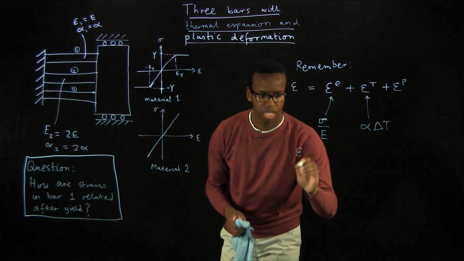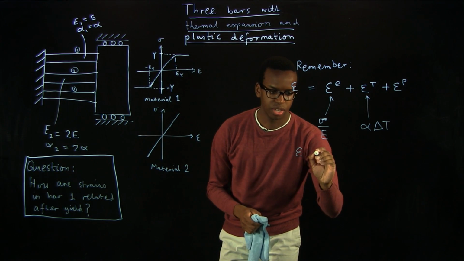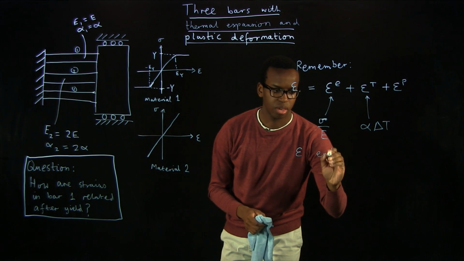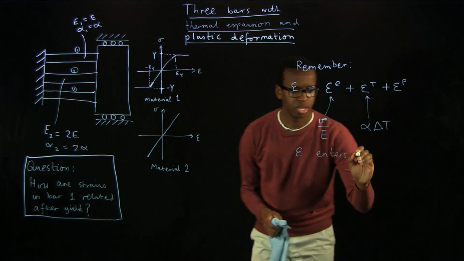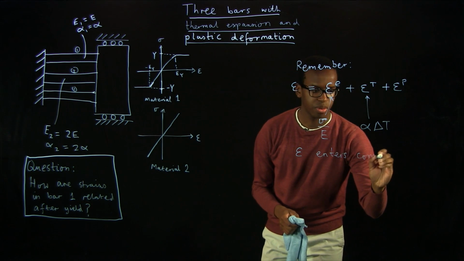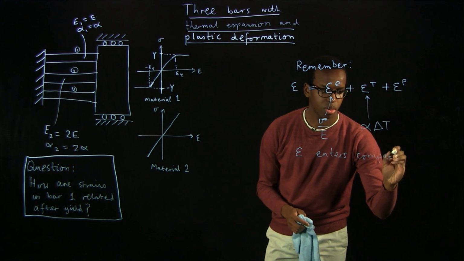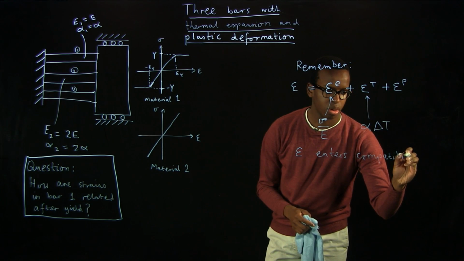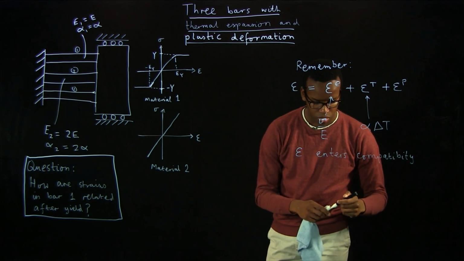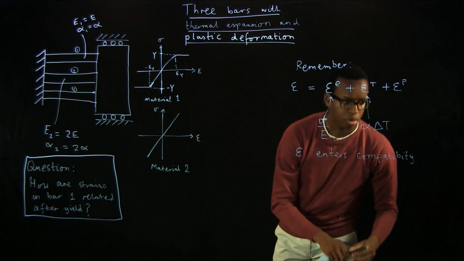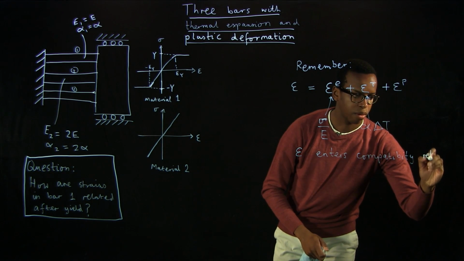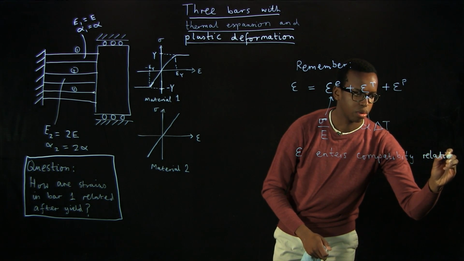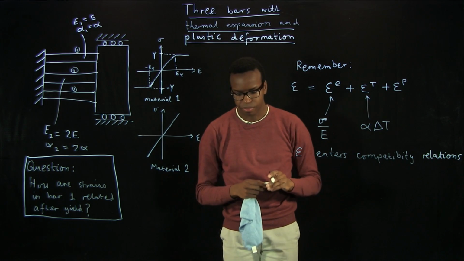So remember that it's always the total strain which enters our compatibility relations. So that's the first thing.